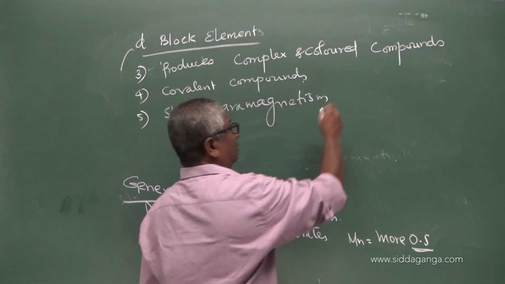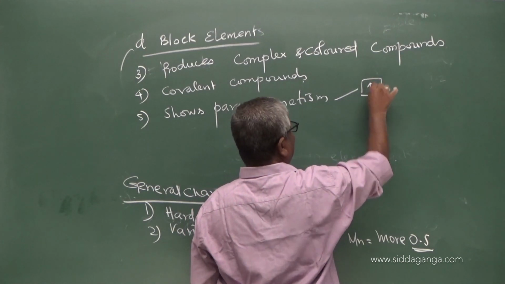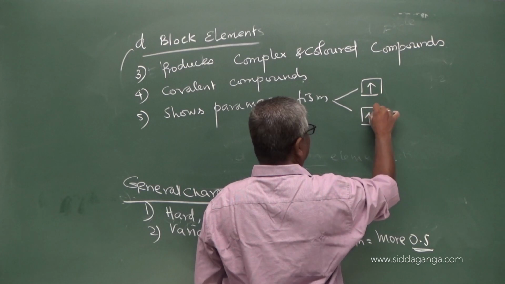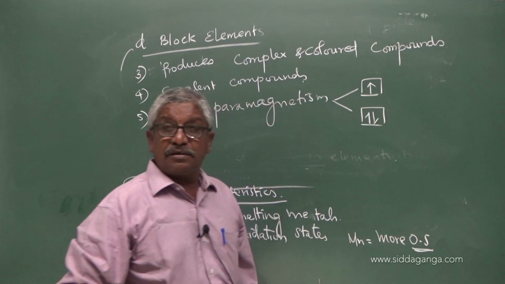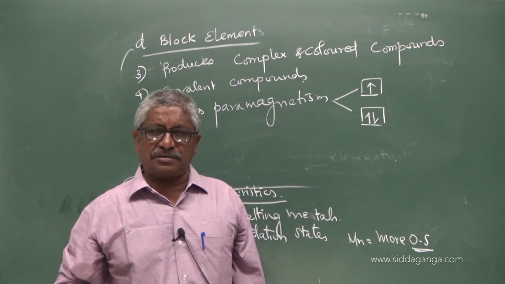See, one orbital has only one electron. Another orbital has two electrons. Each orbital can accommodate a maximum of 2 electrons.